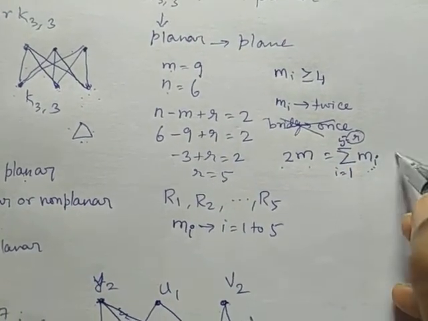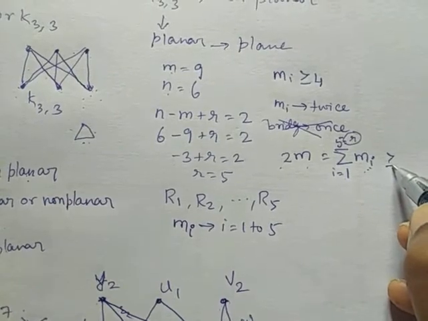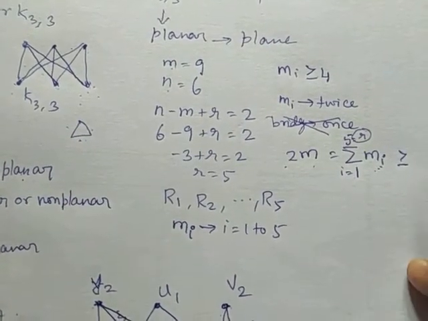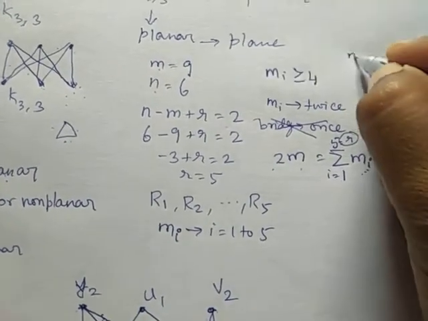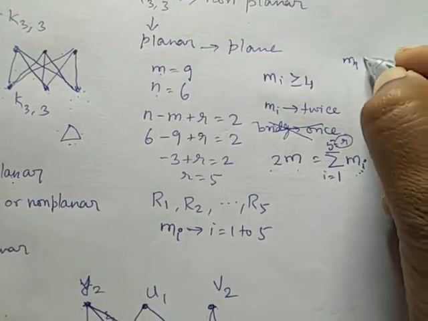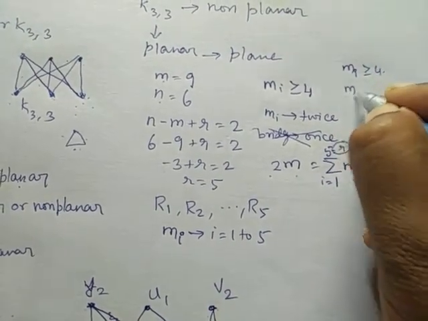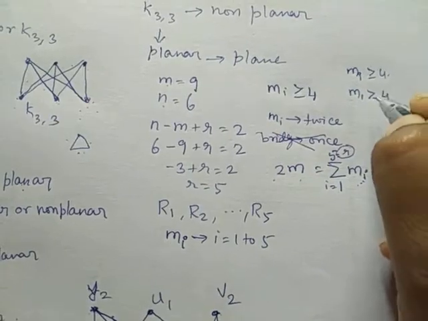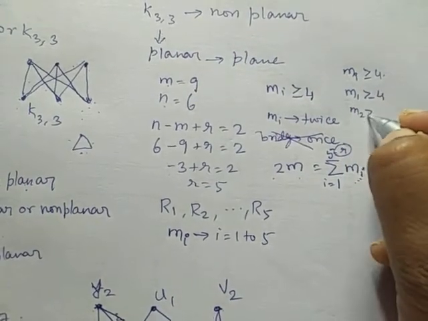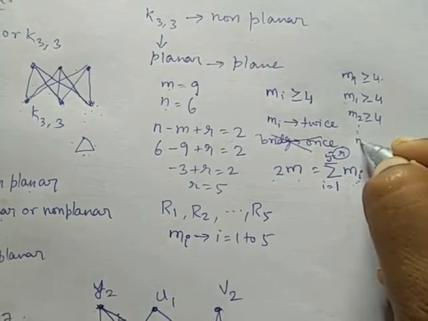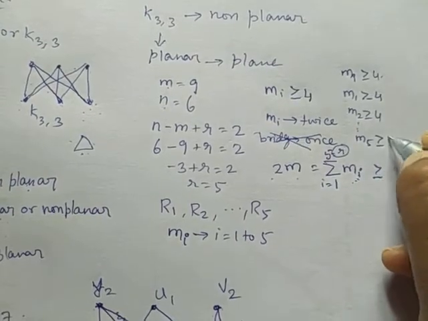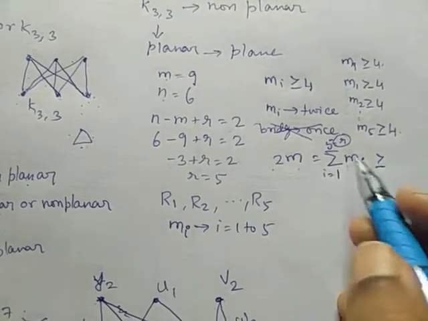So, what is mi? It is greater than or equal to 4 for each region. So, m1 is greater than or equal to 4, m2 is greater than or equal to 4, similarly m5 is also greater than or equal to 4. So what is mi?